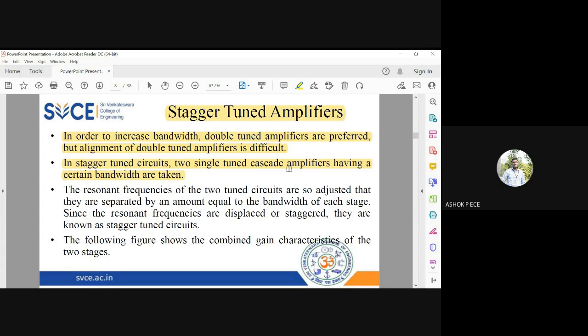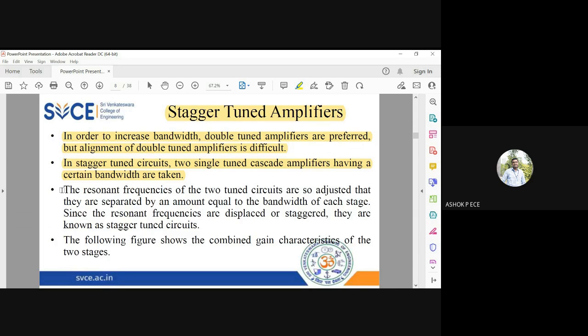You have two single tuned amplifiers in cascade, but both are tuned to slightly different frequencies away from F0. If the first stage has frequency F01, the second stage will have frequency F02, and F0 will be in between F01 and F02. If I connect these two amplifiers like that, that is a stagger tuned amplifier.